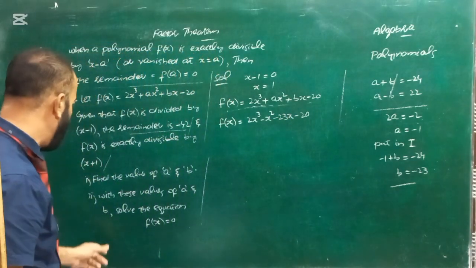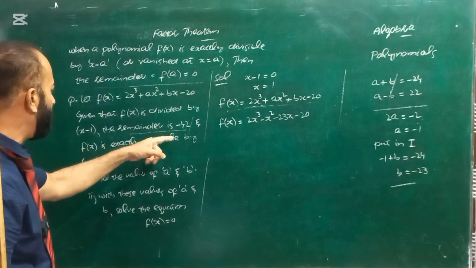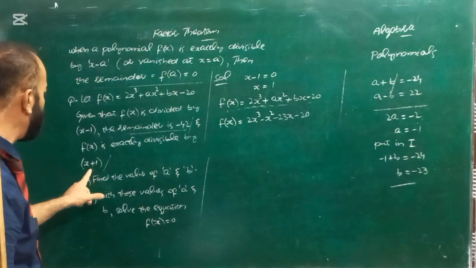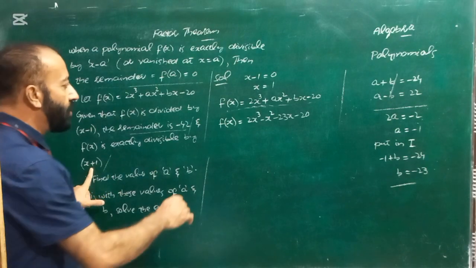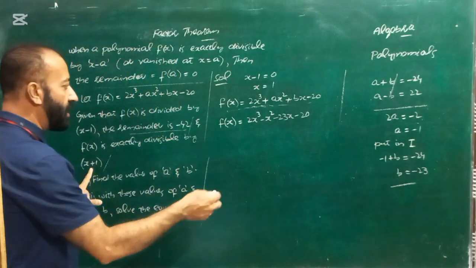And it is given that solve the equation. So previously it is given that f of x is exactly divisible by x plus 1, so it is one factor. So in total there will be 3 factors. So one factor is given, 2 factors are missing.